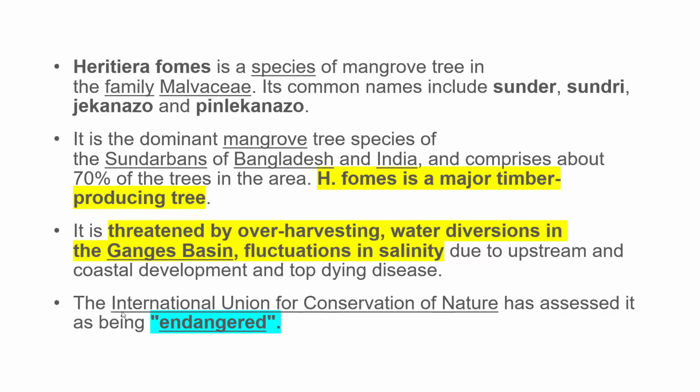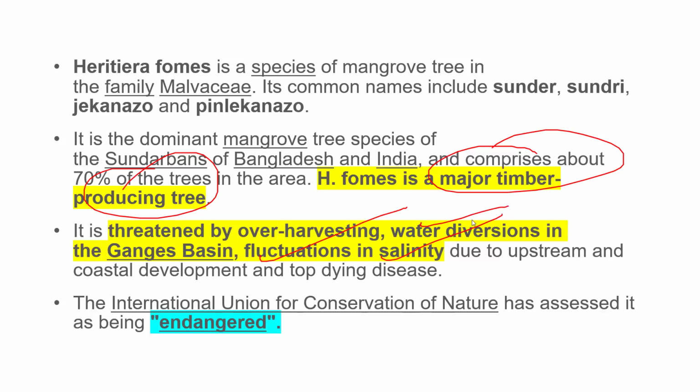So it's a very important tree and a very important forest, but due to over harvesting, because it's a major timber producing tree, and also water diversion and fluctuations in salinity. Why? Because you see, these are salt tolerant plants, but too much salinity will destroy the plant. Freshwater supply is coming from the Indian and Bangladesh areas, and the seawater is on the other side, so there is a mix of the water, which is brackish water.